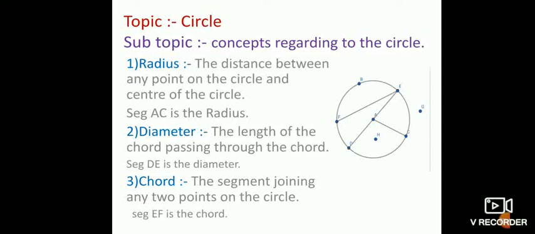The point H lies in the interior part of the circle, and such points which lie on the interior part are called the interior or internal points. In the figure, the point G lies on the exterior part of the circle.